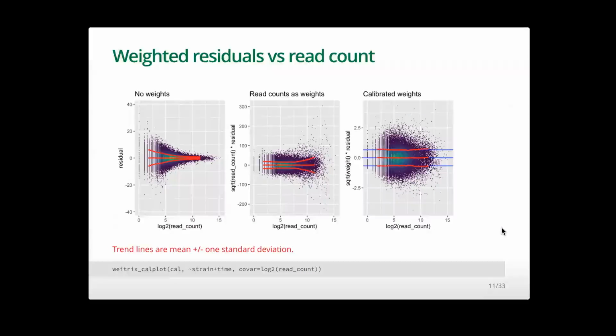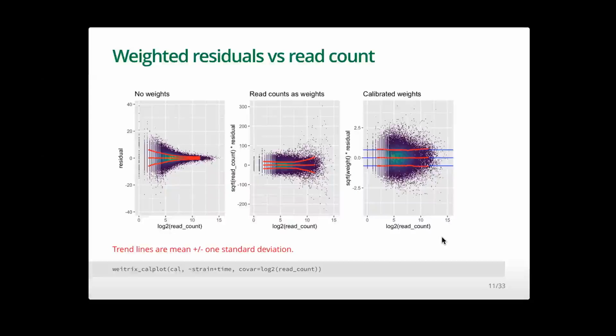Okay, so now this is what our calibrated weights look like versus read count. Now that's looking nice. It's not blowing out like our initial weights did. This style of plot lets us validate that calibration.